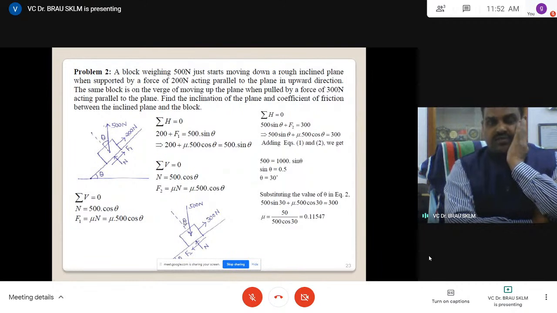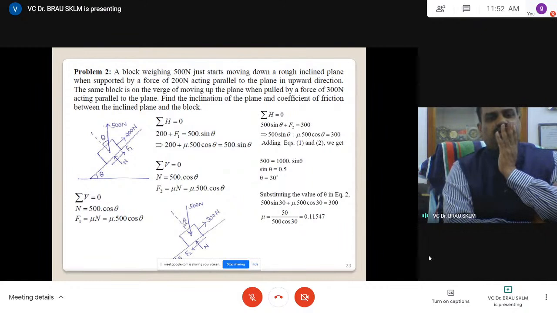The same block is on the verge of moving up the plane. It is not down the plane, up the plane. When pulled by a force, this is the second case.